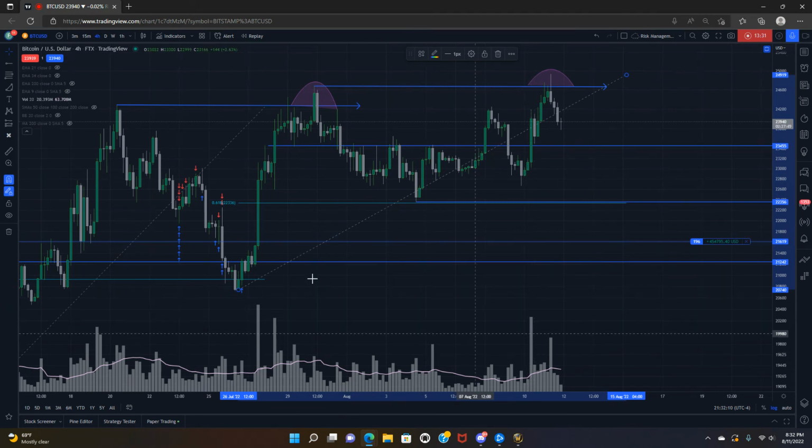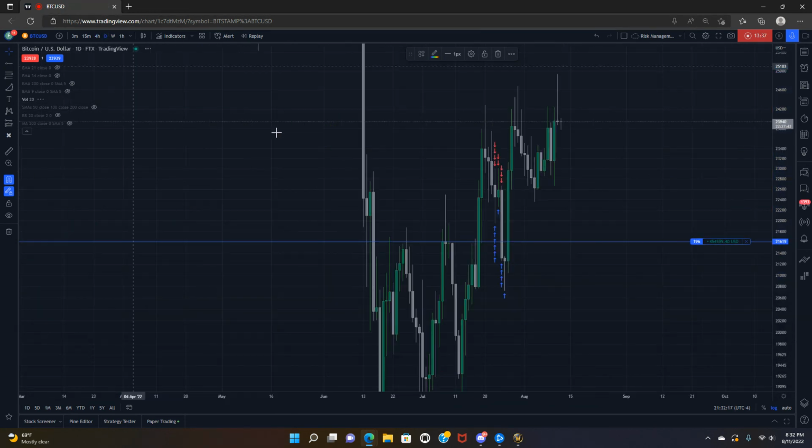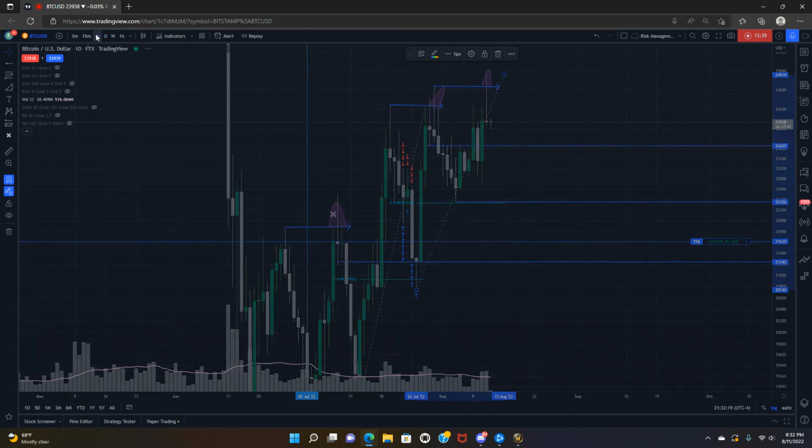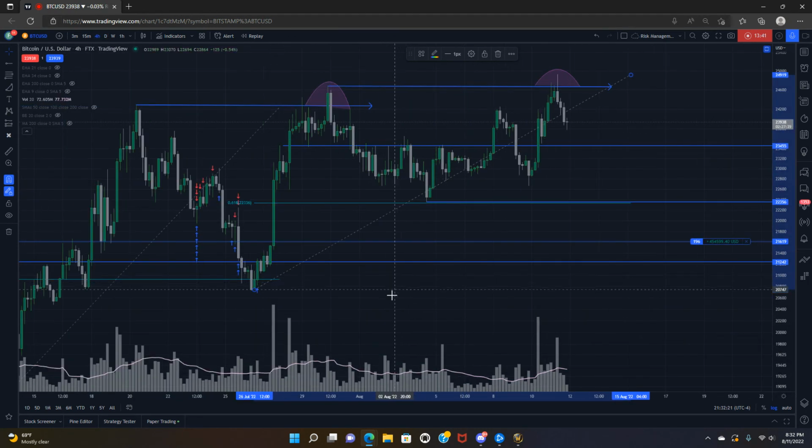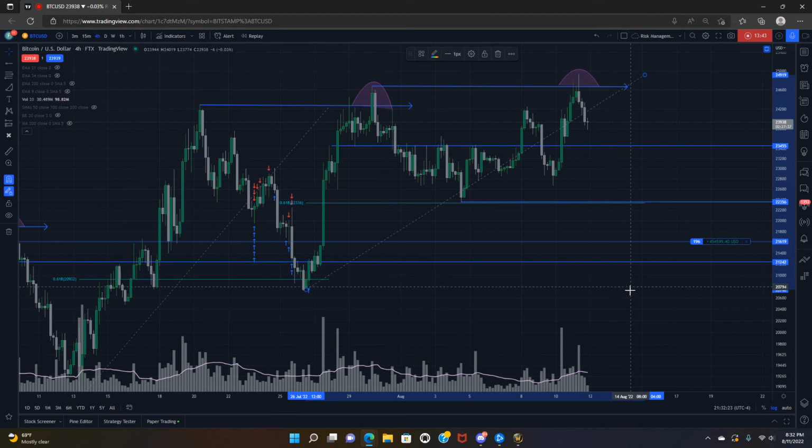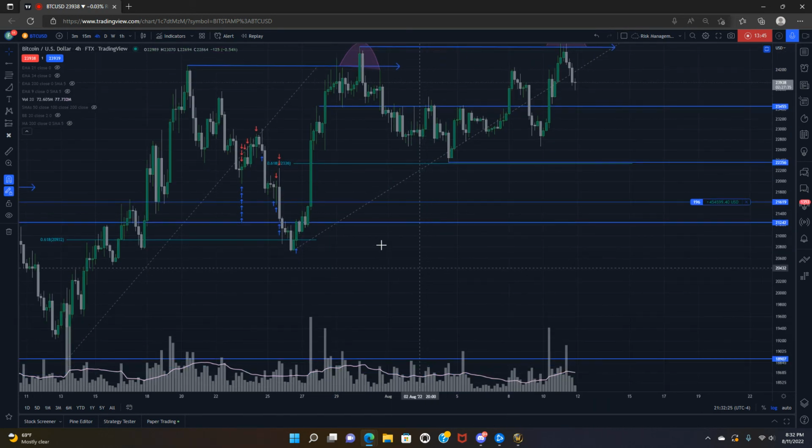But this is a smaller swing within this larger swing. If you really want to simplify your analysis, it's important to be able to prioritize which low is important. And in my mind, that low from the July FOMC meeting is very important.